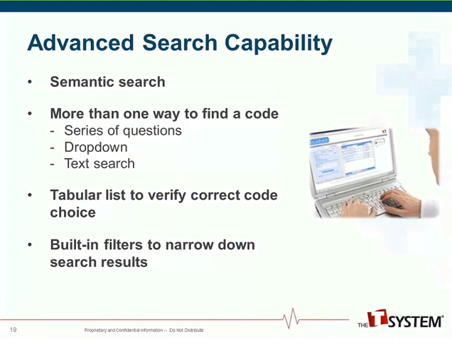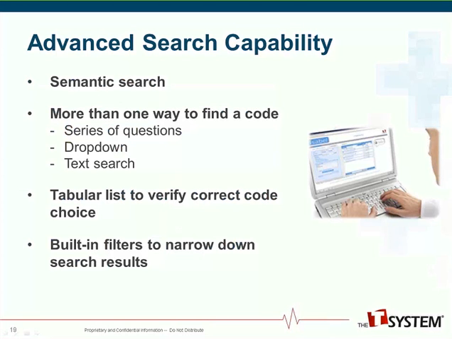So talking about semantic search, do you have to phrase and rephrase, or can you express a condition in more than one way? Does it have a robust synonym database that helps you find the condition that's described in more than one way? Can you find your code with more than one method?